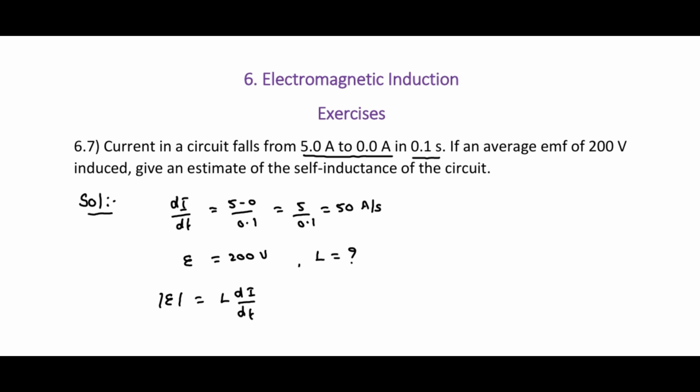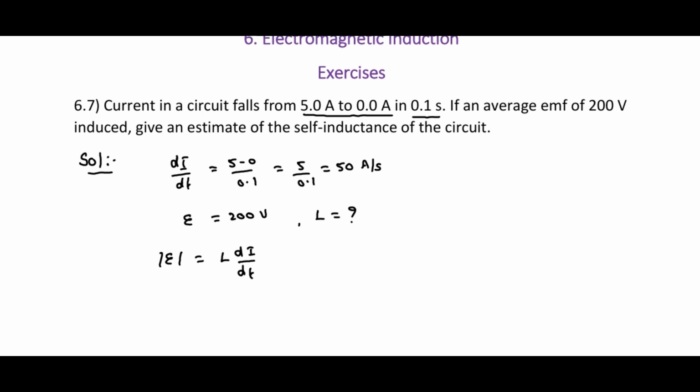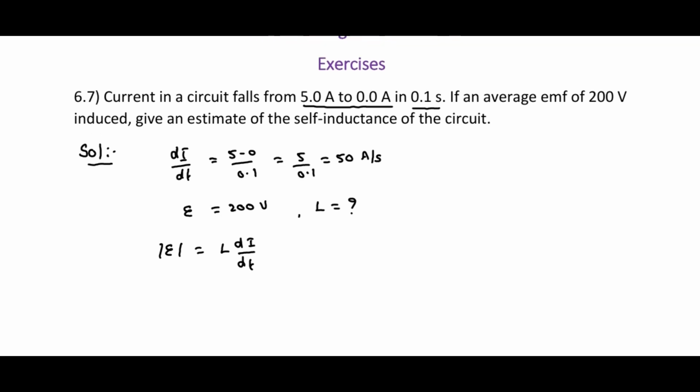So from this, the E value is 200, that is equal to L into di by dt, which is 50. From this, L is equal to 4 Henry.